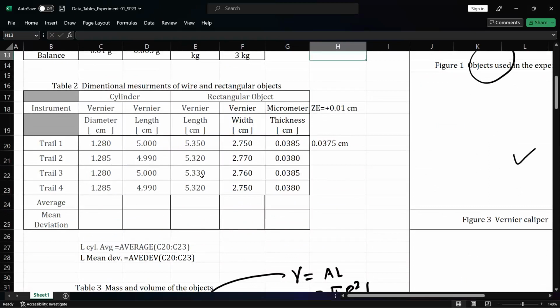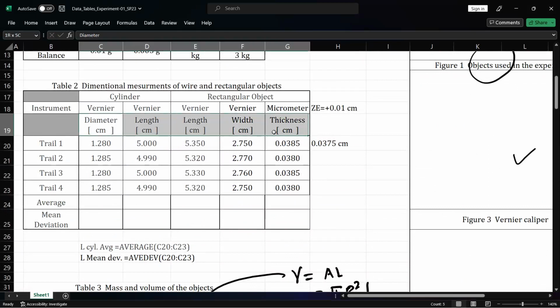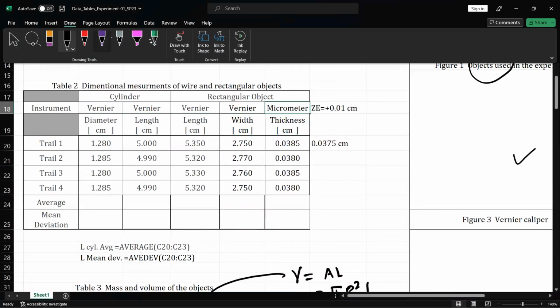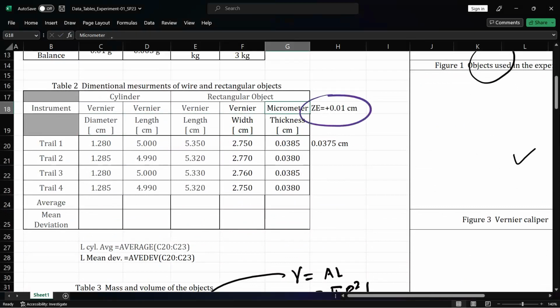Table 2, we have the data set. To make sure of the units, we are using centimeters. For the micrometer, we always need to take care of the zero error, right? The one I used had about 0.01 centimeter zero error, so I have to add that to all the data I actually measured.